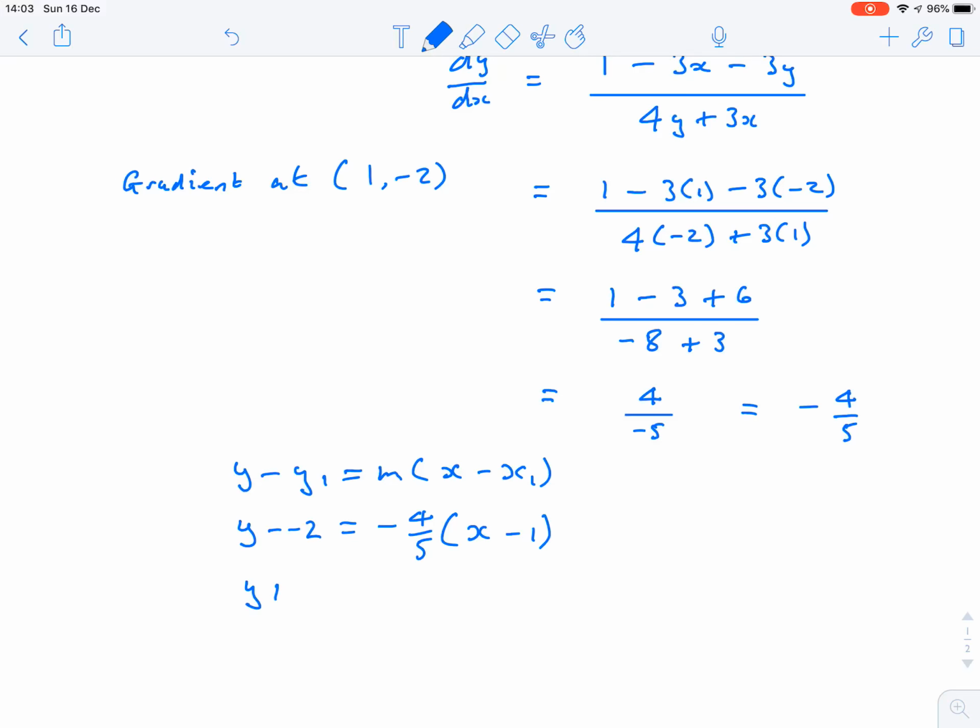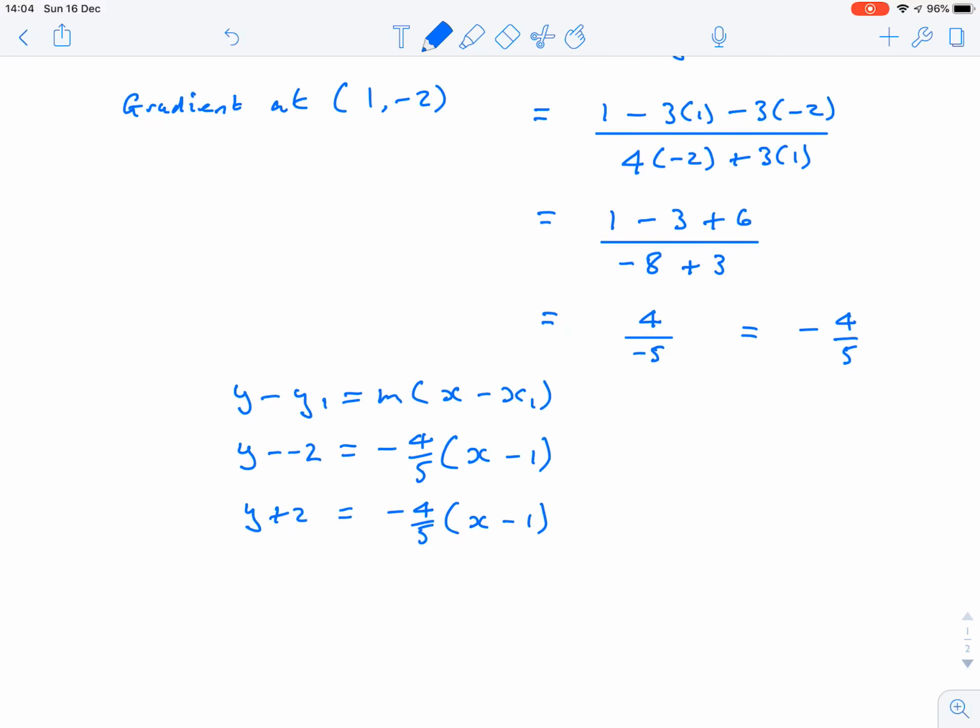So that's y plus 2 is equal to minus 4/5 (x minus 1). Multiply through by the 5 and we get 5y plus 10 is equal to, and then I want the minus 4 multiplied by the (x minus 1). So that'll be minus 4x plus 4.